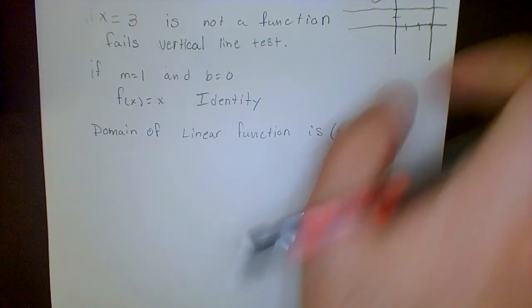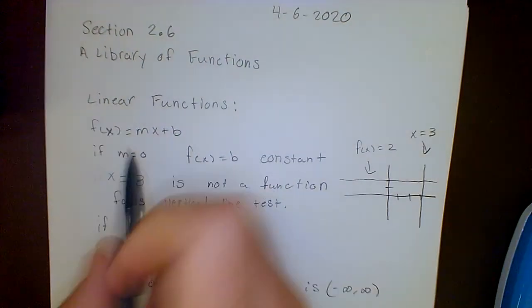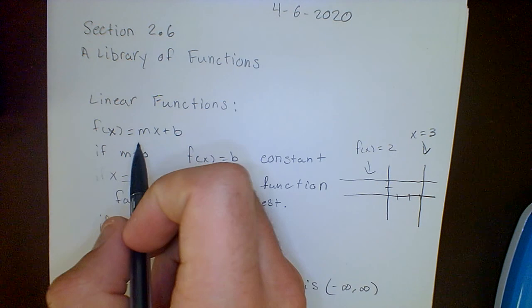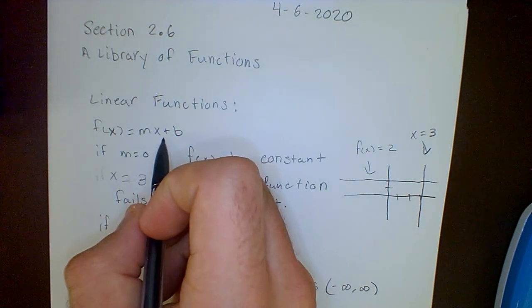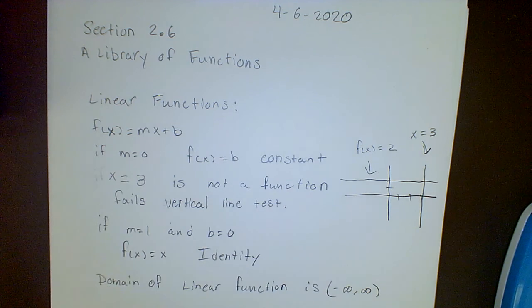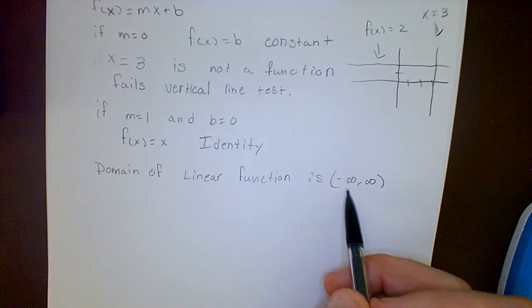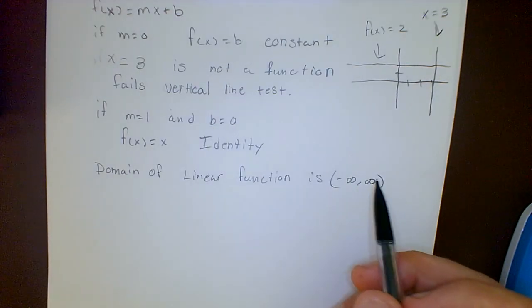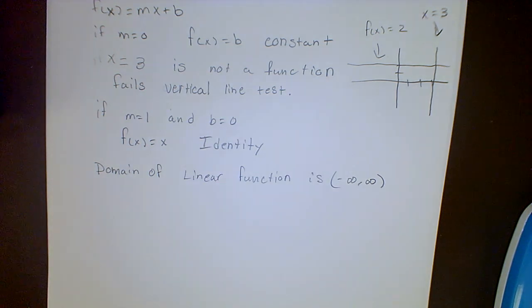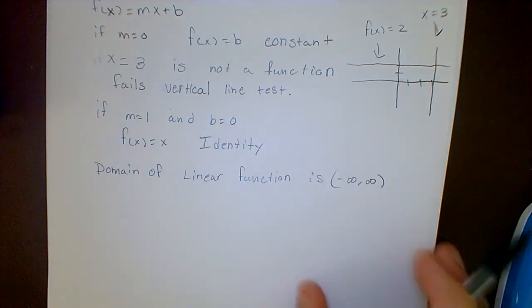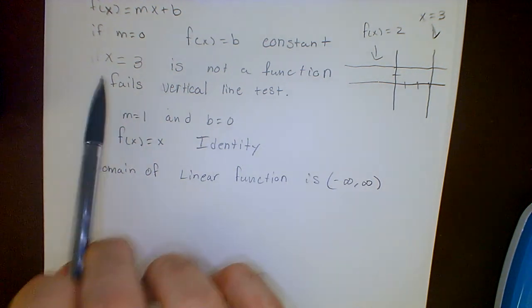If you look at the general form, f of x equals mx plus b, there are no square roots and no division, so there are no problems entering any number between negative infinity and infinity. Now, the range depends on whether your linear function is a constant or not.